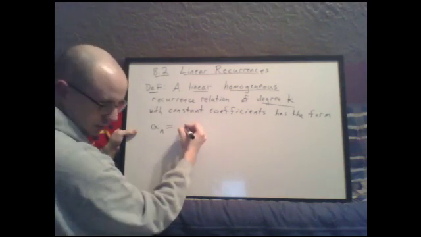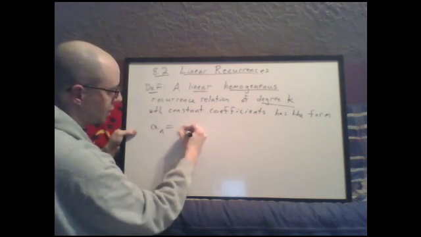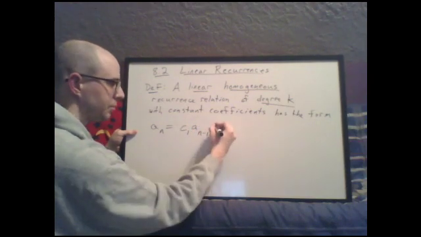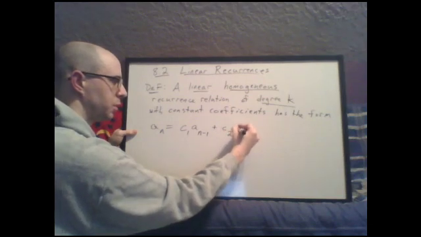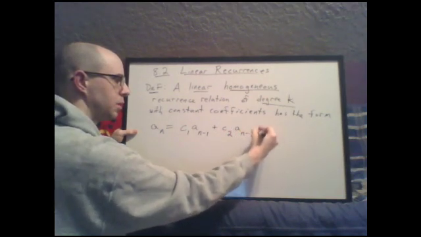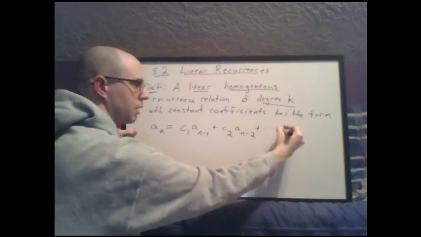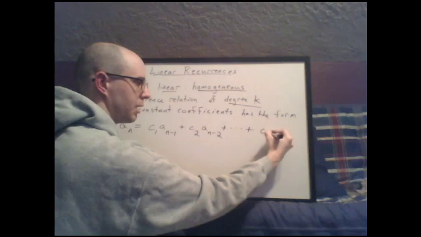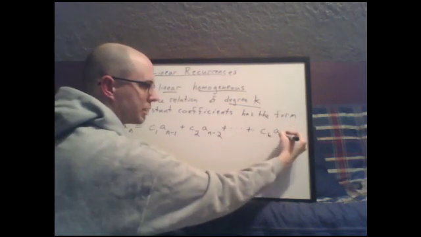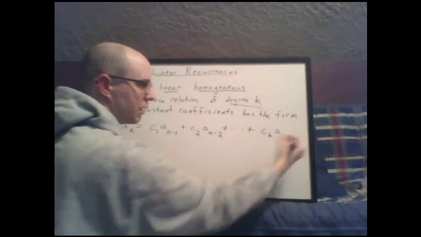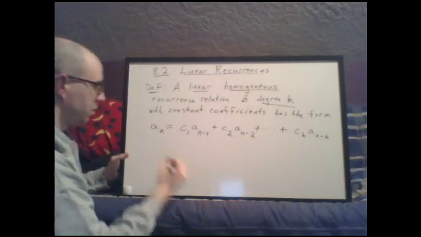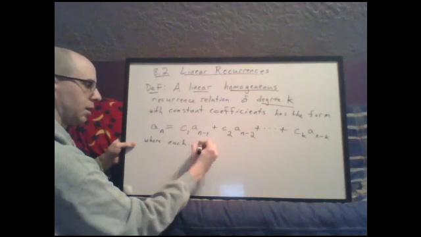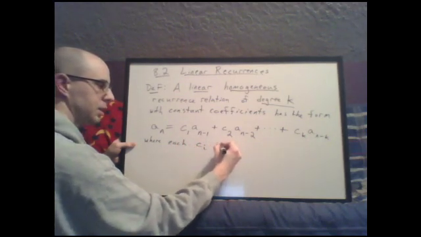So c sub 1 a sub n minus 1 plus c sub 2 a sub n minus 2, and so on until the last term would be c sub k, that's the degree here, a sub n minus k, where each c sub i is a constant.